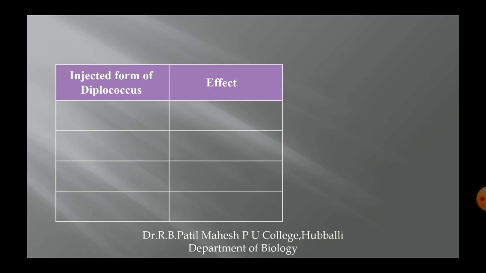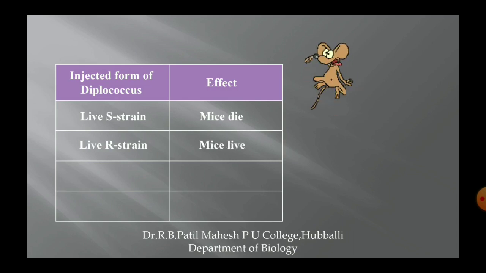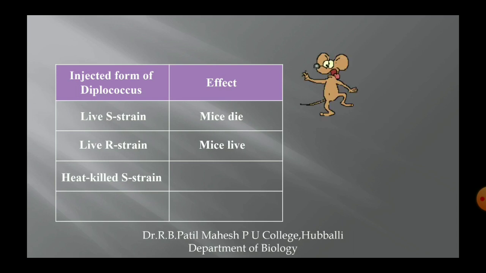When Griffith conducted a series of experiments on Diplococcus or Streptococcus pneumoniae, first he injected live S strain into the mice. Mice died because of pneumonia. When he injected live R strain into the mice, they survived. When he injected heat-killed S strain into the mice, they survived.